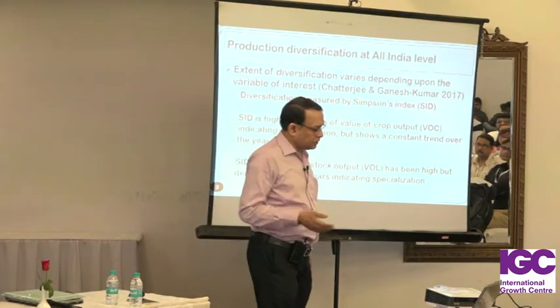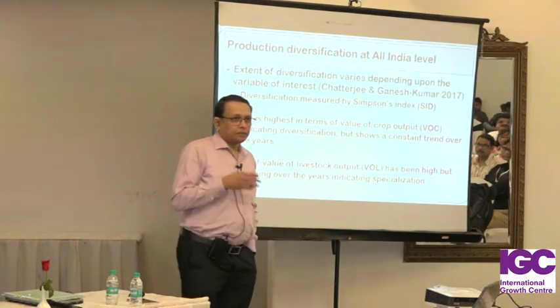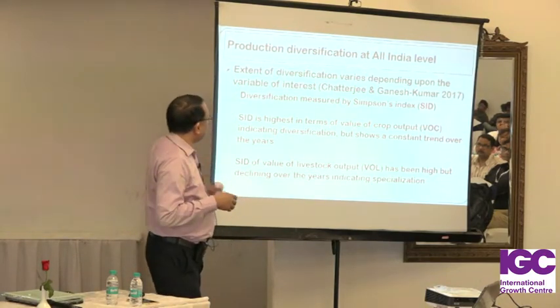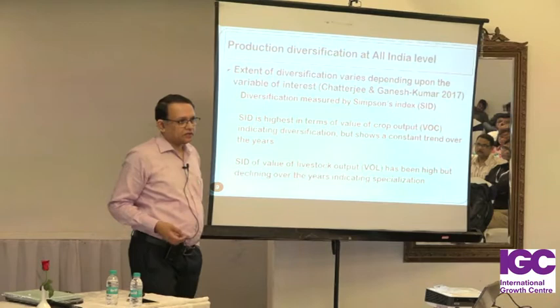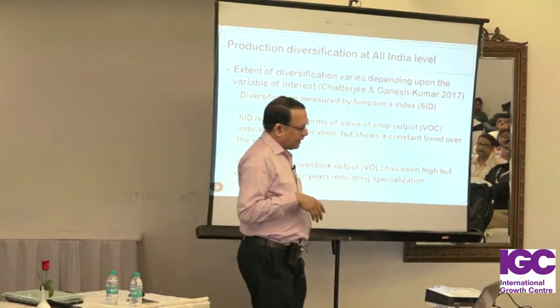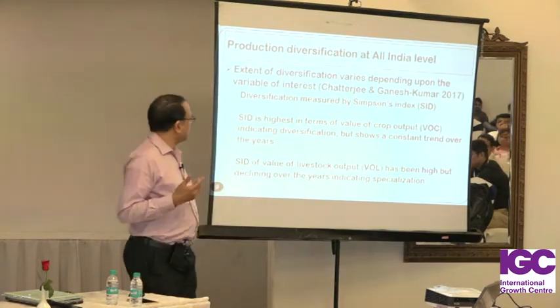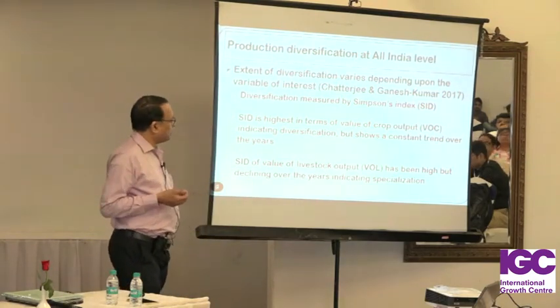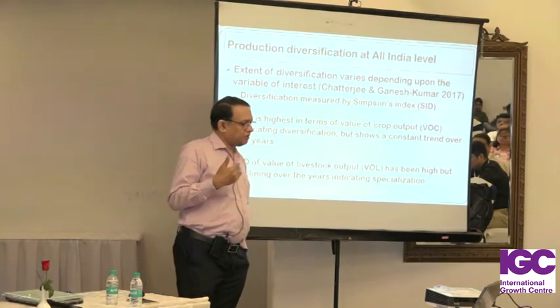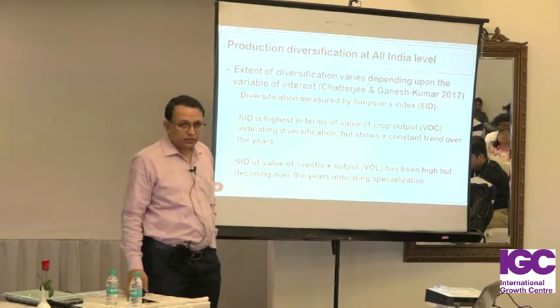People have talked about this issue, and when you measure diversification, there are measures of diversification. One of them is the Simpson's Index, which is widely used. You will find that the Simpson's Index is highest in terms of the value of crop output, indicating that there is diversification, but it shows a constant trend over time.